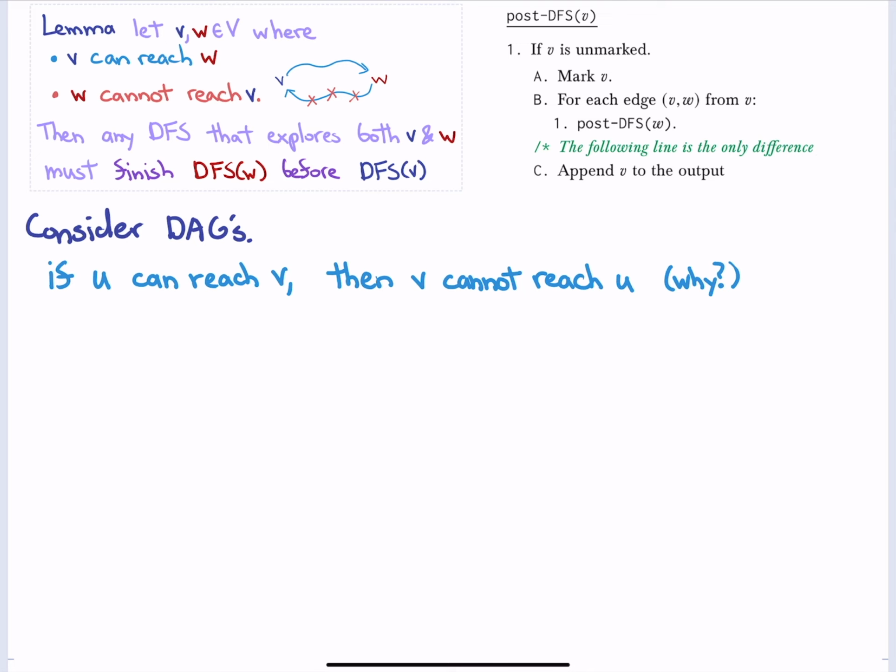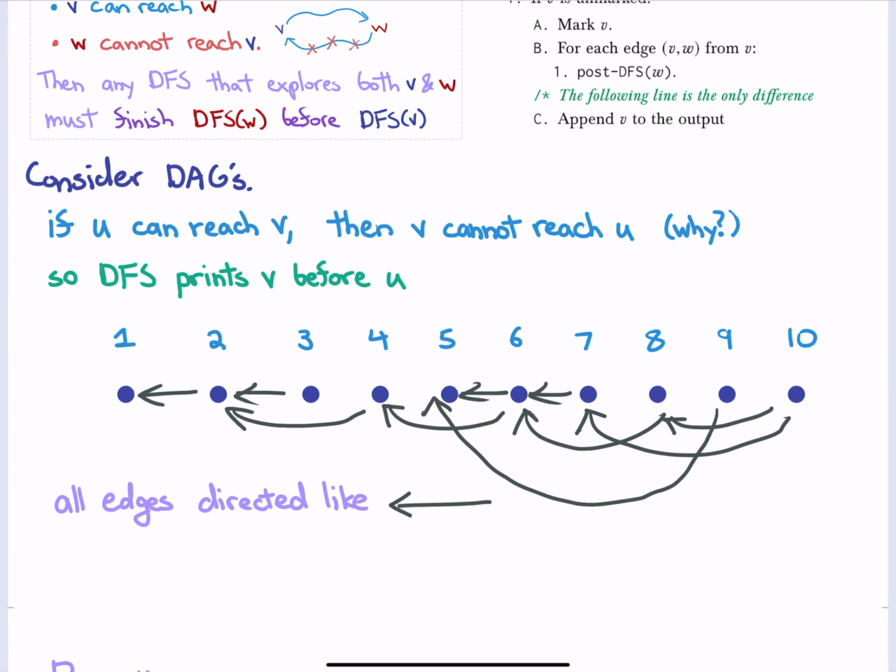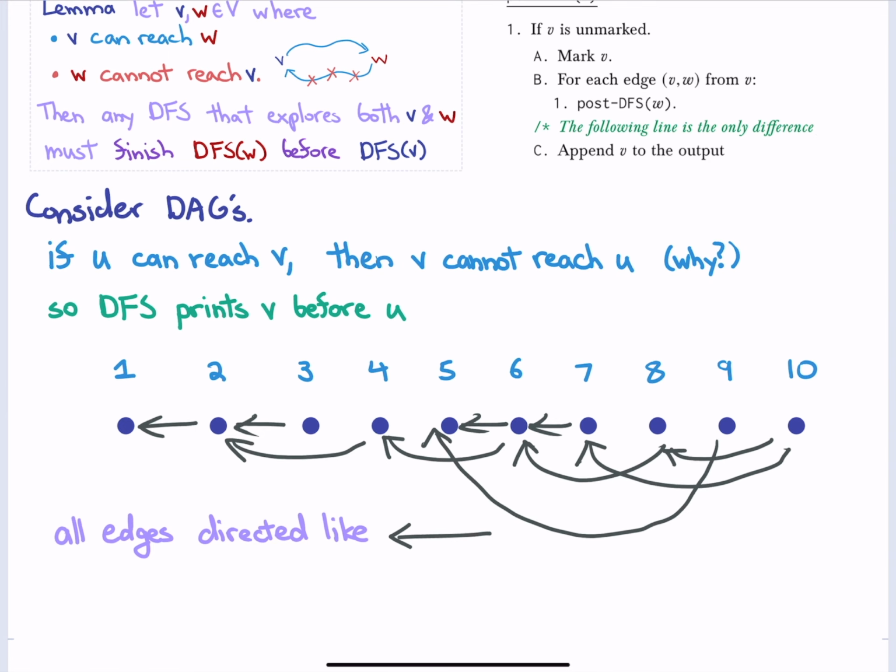As you have already mentioned, if you can reach V, then depth first search will always print V before U, and consequently, like you said, you will get all our edges going from right to left. So if I use depth first search to print out all the vertices, what does the ordering of the vertices look like?